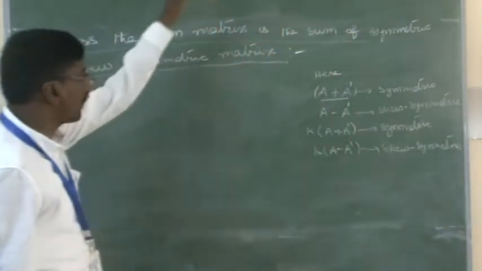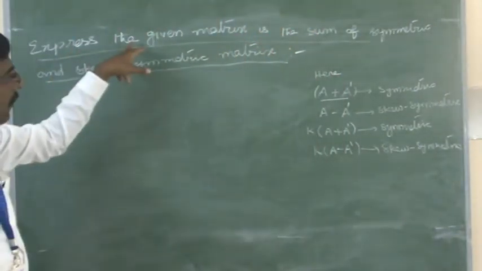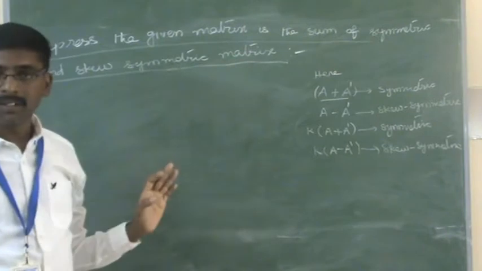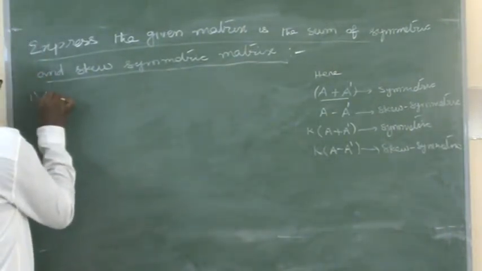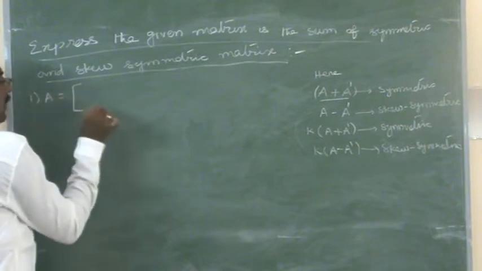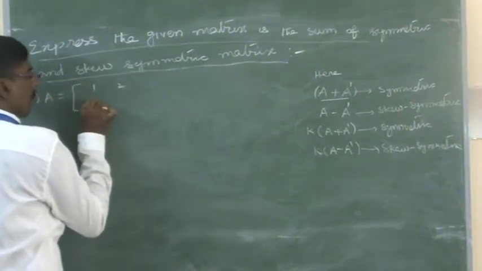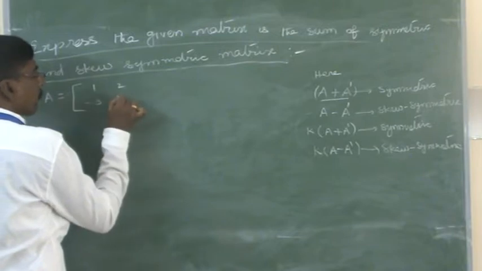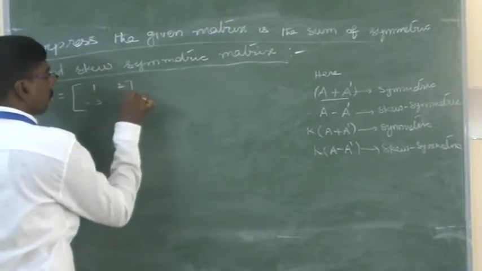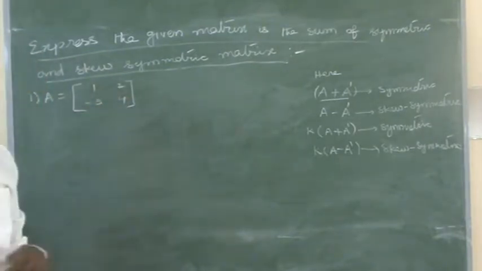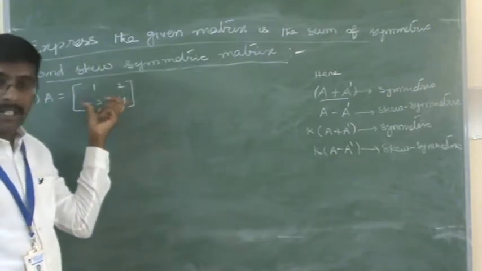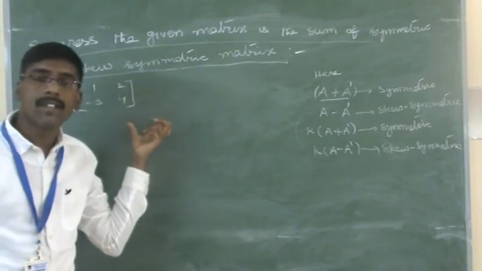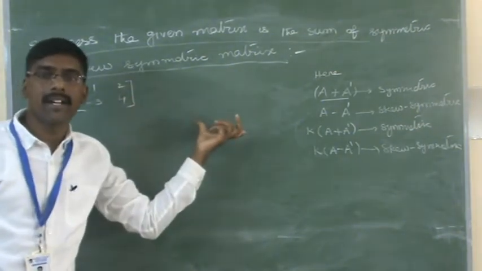Now what is the discussion here? Express the given matrix as, means they will give one matrix. Here I am giving one matrix, matrix A, as the problem: A equals 1, 2, minus 3, 4. This matrix can be written as the sum of a symmetric and a skew symmetric matrix.